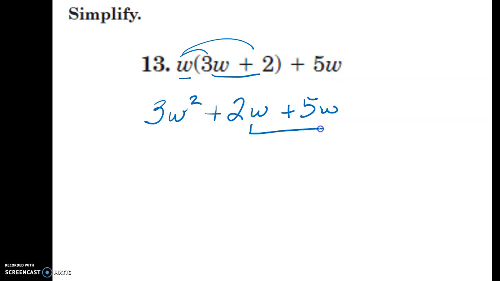But I can collect some things together. These are like terms. They share the same variable and at the same time the same exponent value like we would have done back in the fall. I have 3w squared plus 7w, final answer. That idea that these are not alike, they don't share the same exponents, I cannot add them together.